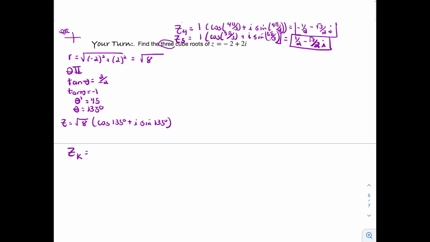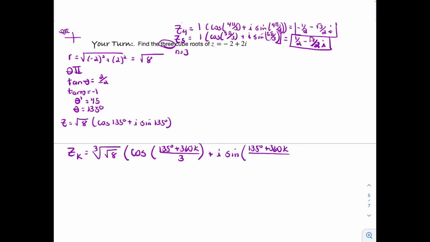Using our formula, z sub k would be the third root of the square root of 8 times the cosine of 135 degrees plus 360k over 3, plus i sine of 135 degrees plus 360k divided by 3.